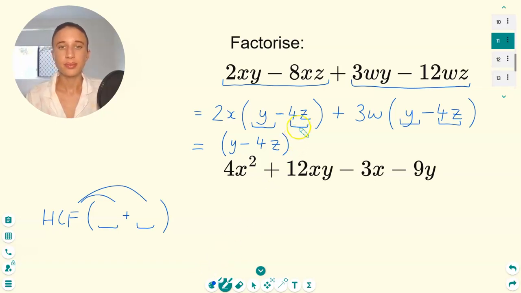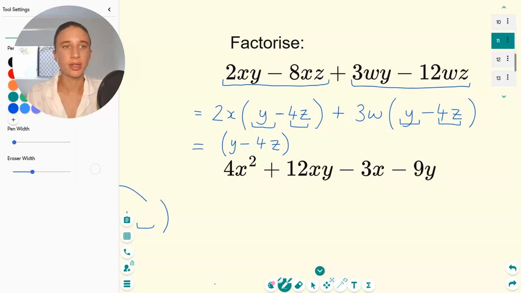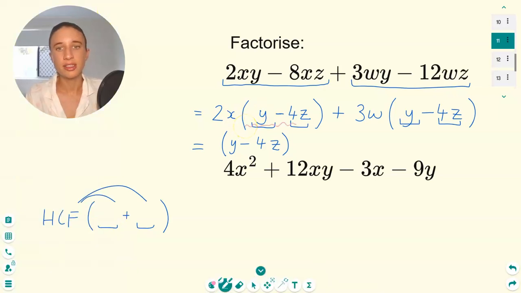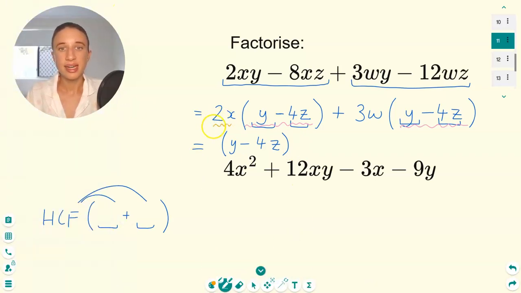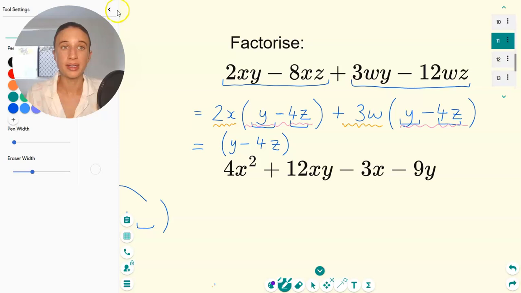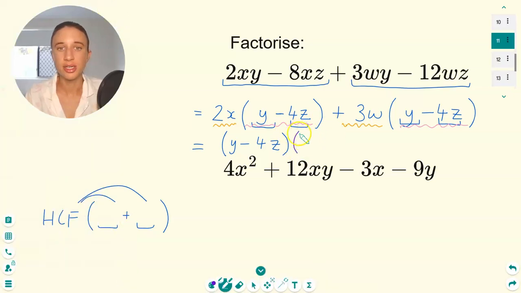Okay. Let me try it maybe in a different color. So that's our common factor. And then whatever's left over, put a squiggly line under that in a different color. And that's going to go into the second pair of brackets, right? So I think I just changed color. 2x plus 3w.